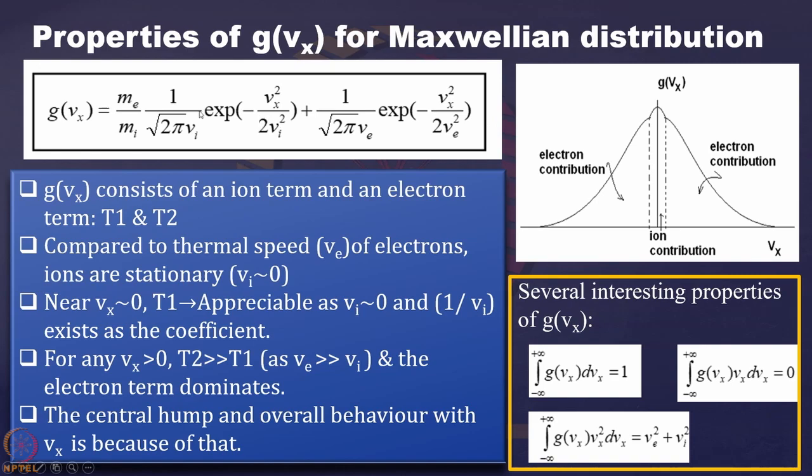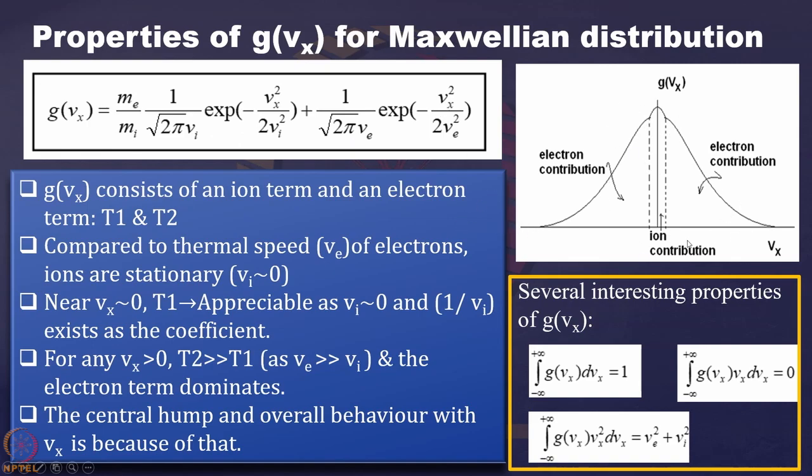So this term will be negligible in most places, and as you can see, the second term is dominating, except very close to Vx equal to 0, where you get a tiny hump. Otherwise it is a smooth distribution like this, added up with a small contribution from the ions near Vx equal to 0, and that is causing this part.